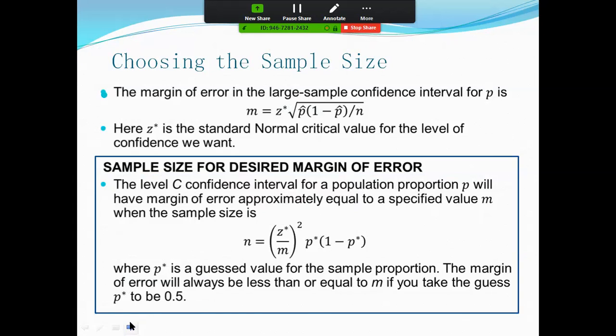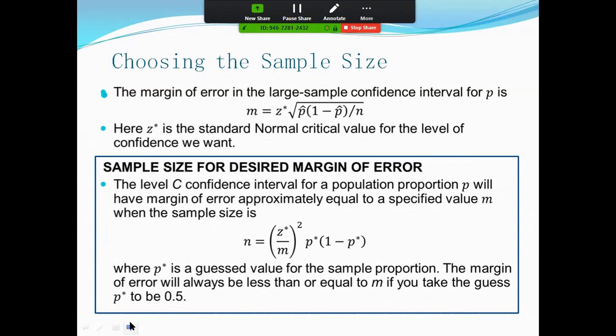Sample size for desired margin of error. The level C confidence interval for a population proportion p will have a margin of error approximately equal to a specified value m when the sample size is n equals the quantity z star divided by m, squared, times p star times 1 minus p star, where p star is a guessed value for a sample proportion.